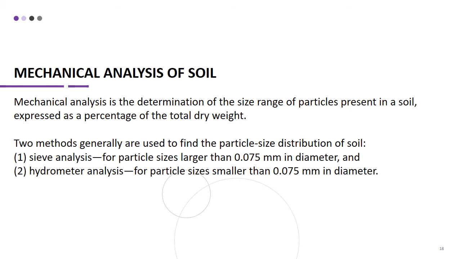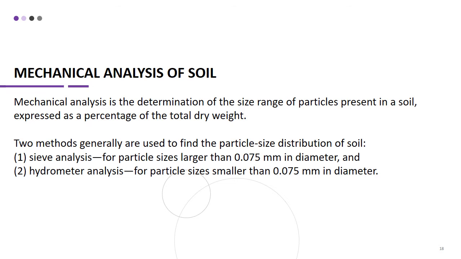We have two methods to find the particle size distribution of soil. Particle size distribution means how much gravel, how much silt, and how much clay are present in that soil, and what their sizes are.